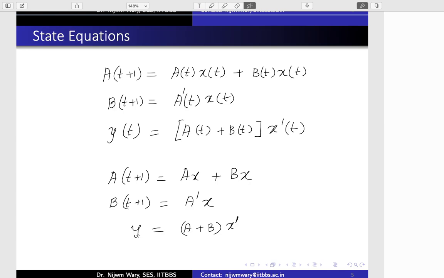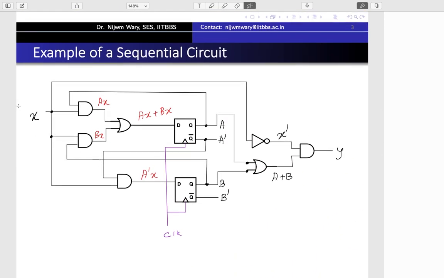So in this case we have only one output and one input, and A and B are the internal state of the system. X is the input here and Y is the output, and A and B are the intermediate nodes, which are the intermediate state because they are the outputs of the D flip-flops.